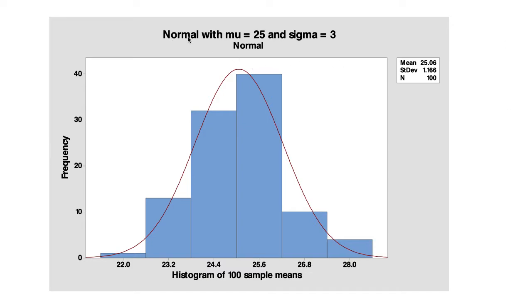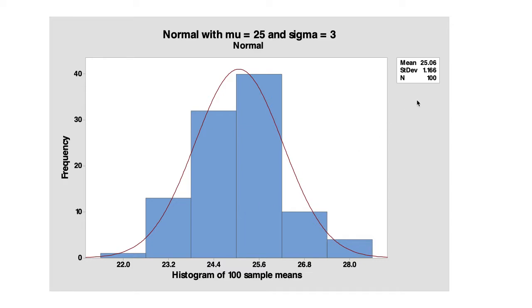And let's just note that we did the simulation with a mean of 25 and a standard deviation of 3. A couple of things I'd like to point out: notice that the center of this distribution does appear to be right at about 25.